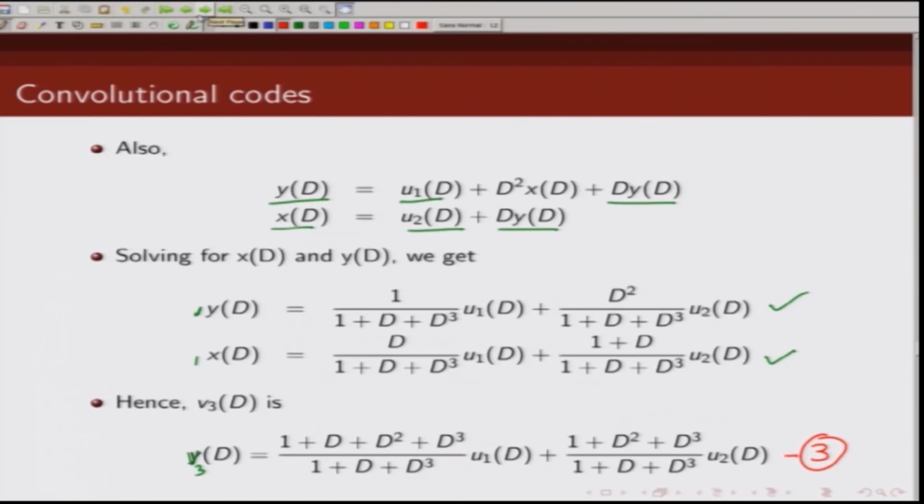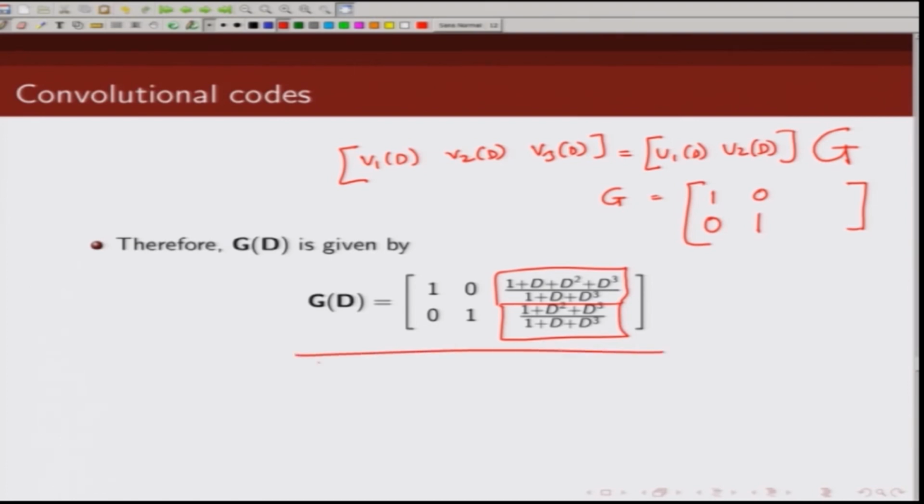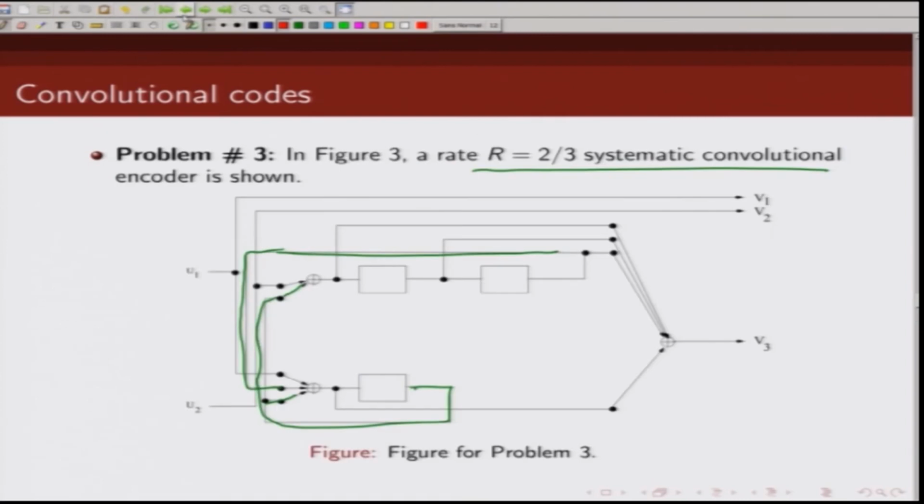So, our G matrix here, again this G matrix is 2 cross 3. v1d is u1 of d, so we get 1 0. v2 of d is u2d, so we get 0 1. And what is v3 of d? v3 of d is this times u1 of d and this times u2 of d. So, this will be our final generator matrix corresponding to the encoder that is shown in this figure. Okay.